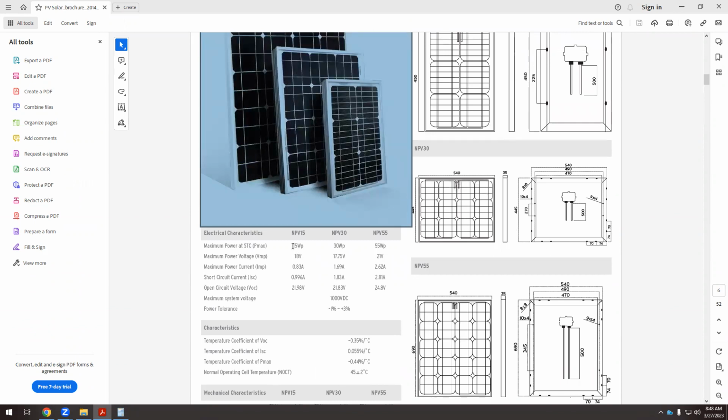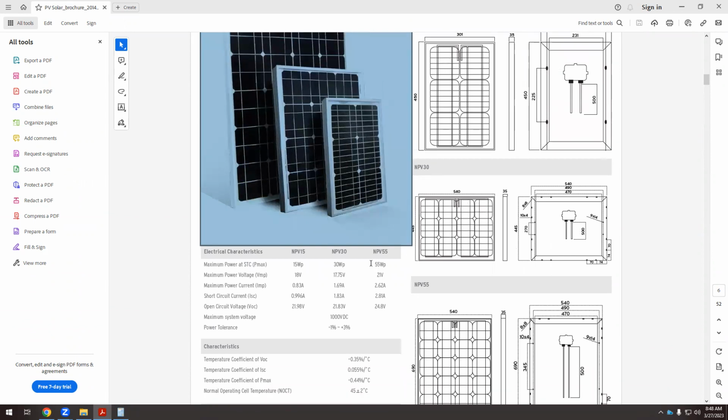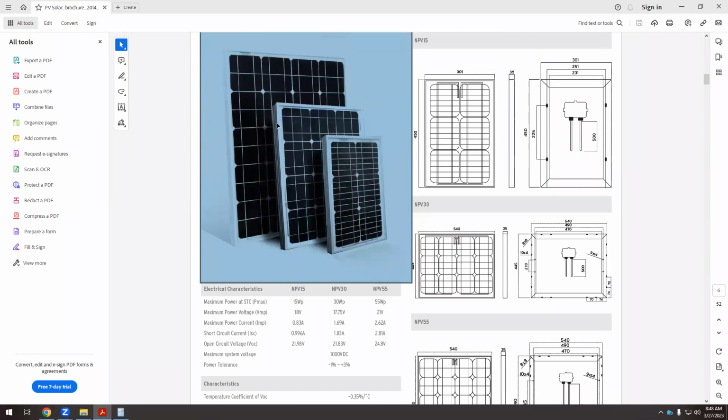So that produces 15, 30, or 55. Does it mean that the 55 is better than the 15? No, it's just bigger. You see that we have different sizes here, and probably the other one is even bigger.